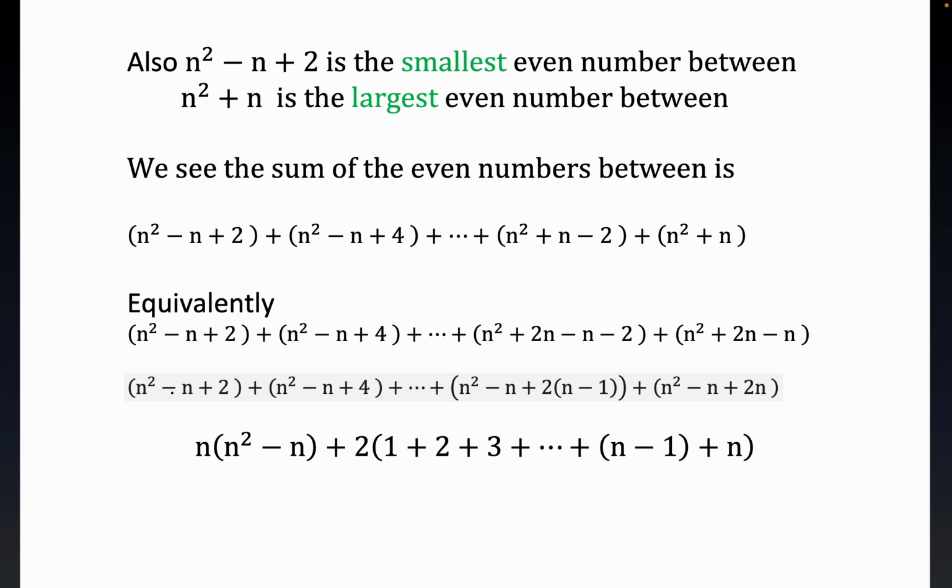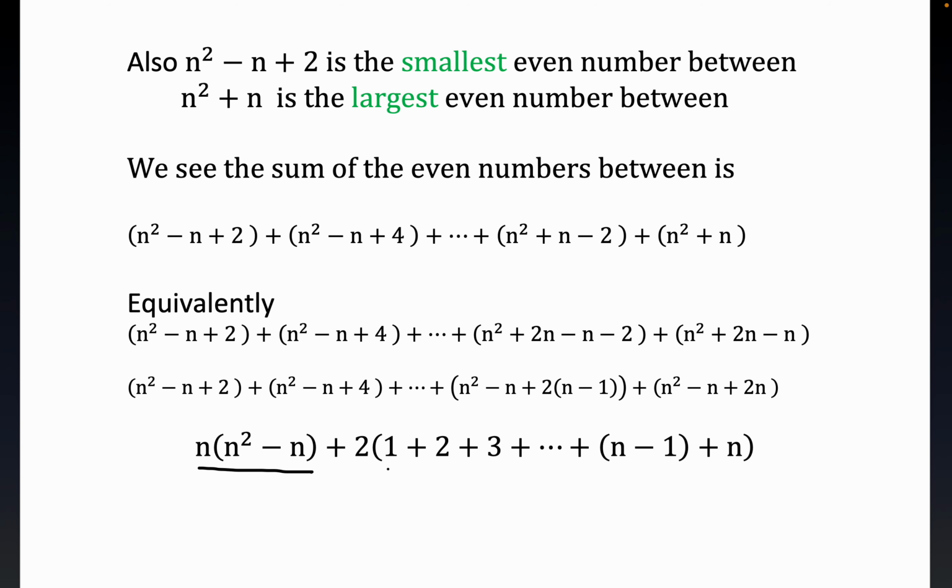You have n squared minus n here, n squared minus n here, and it's n times. This is a key step right here. So these right here, 1, 2, 3, n of them, right? So that takes care of quite a bit of this above equivalent statement.